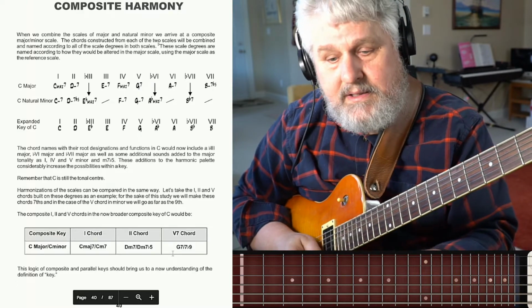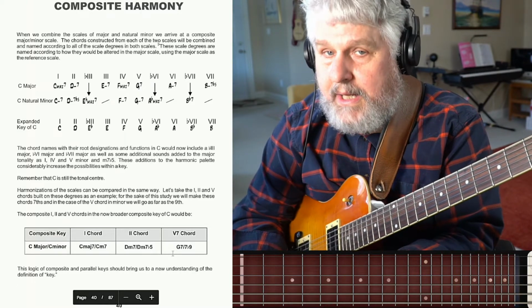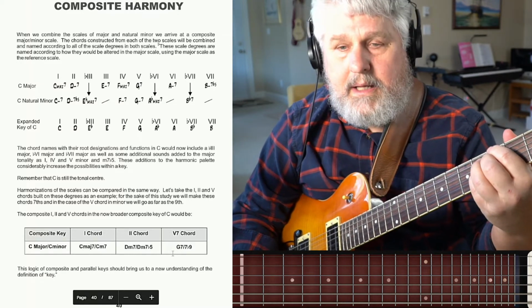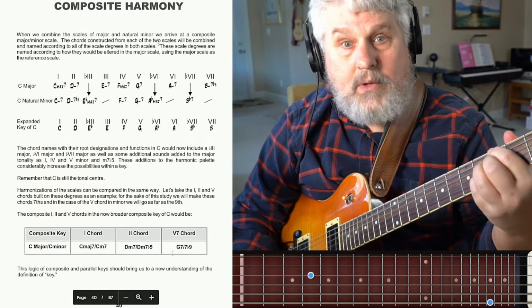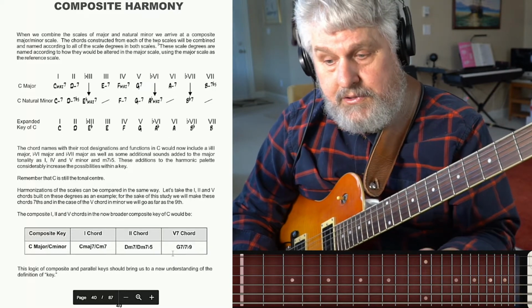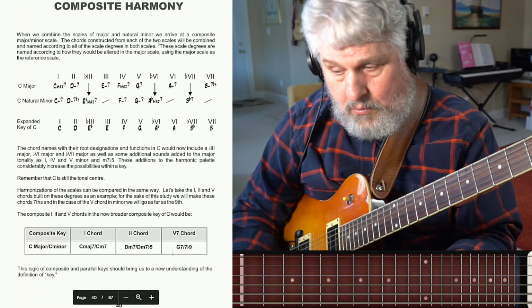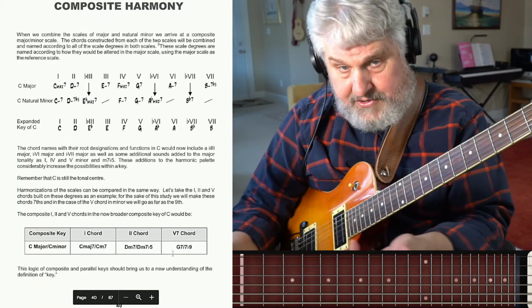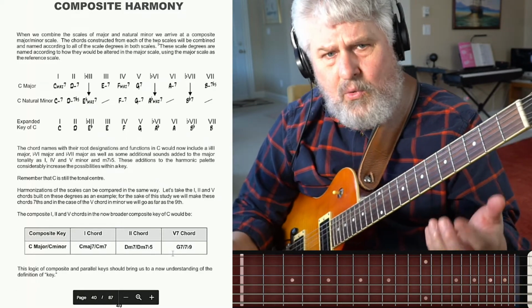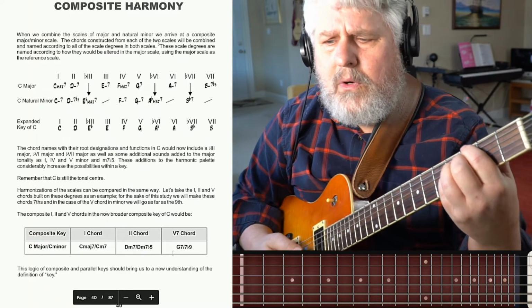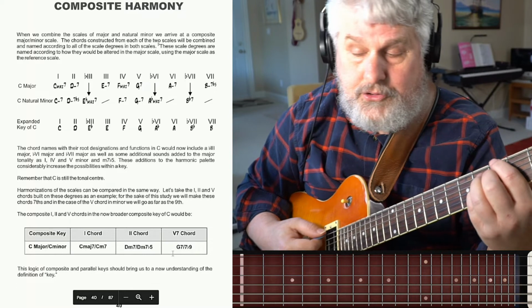If I don't raise the 7th degree, because chords come from scales, then I don't get a G7 chord. So if I raise the 7th degree, I get a G7 chord. And the reason I want a G7 chord is it's more final. It gives us a stronger, more satisfying resolution to the 1.